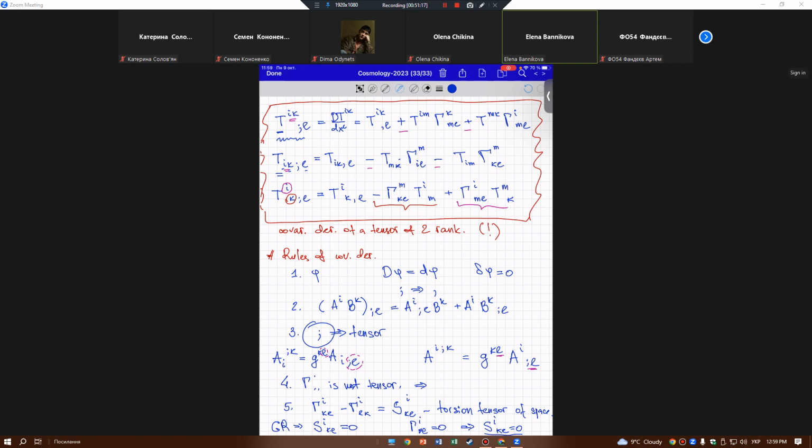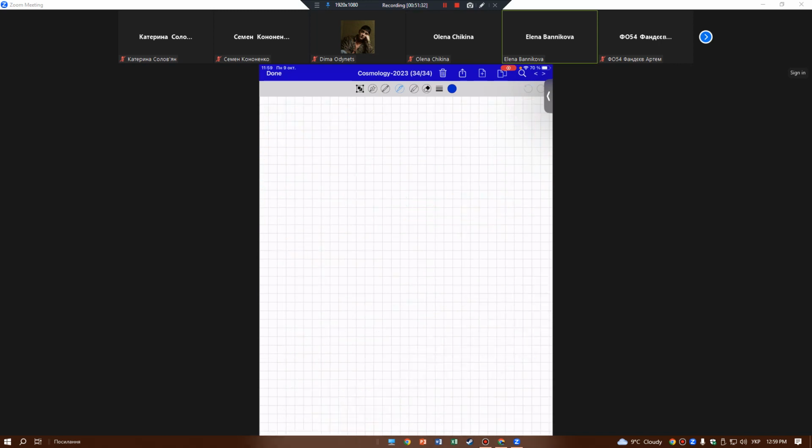So it means that we need to build a theory for any reference system, including inertial. It brings us a very important property of Christoffel symbols, because they are symmetrical with respect to the change of the order of the lower indexes.